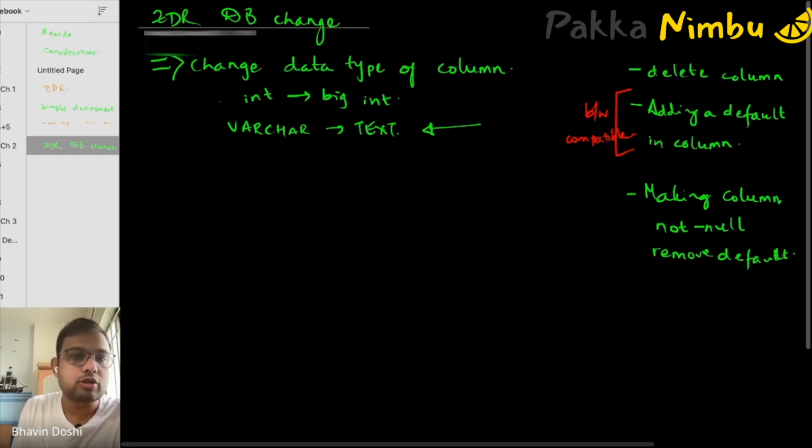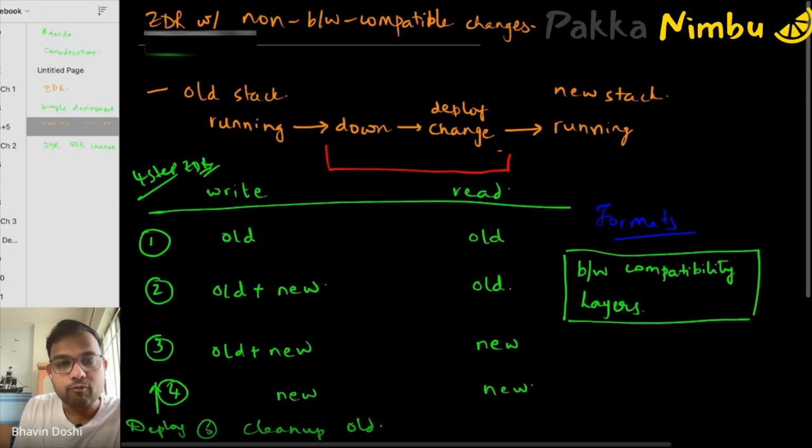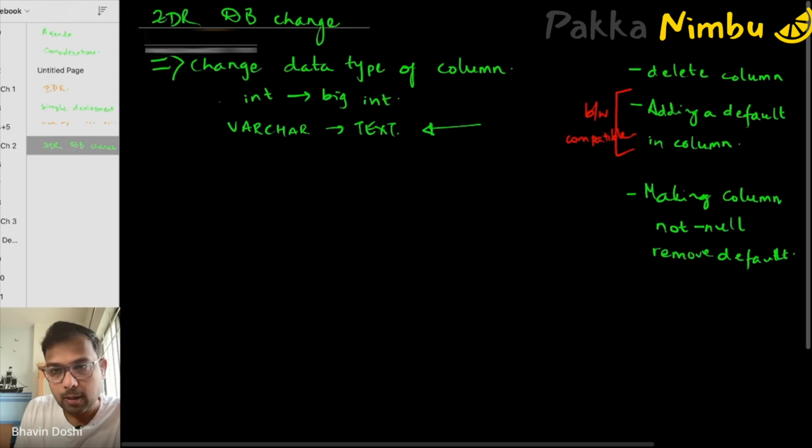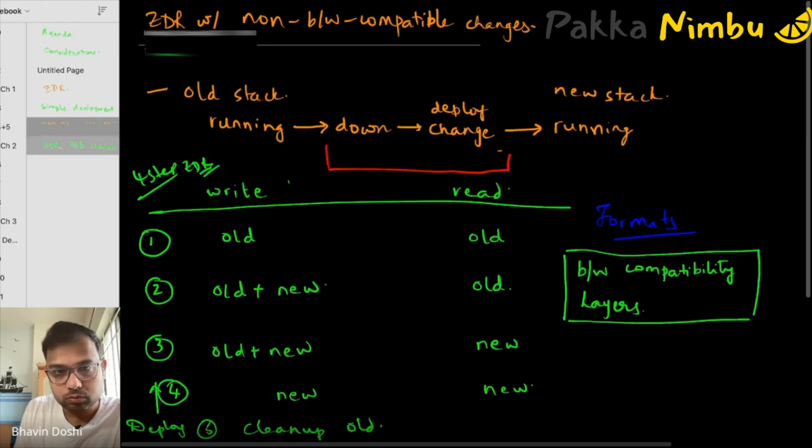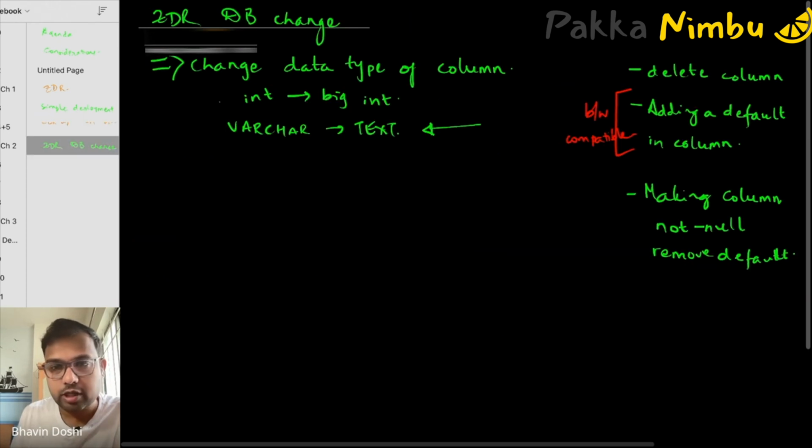कैसे करेंगे इसको? Let's go back to the template. I'm wondering if there is a way to keep a copy of this in front of us. I'll just write it again.